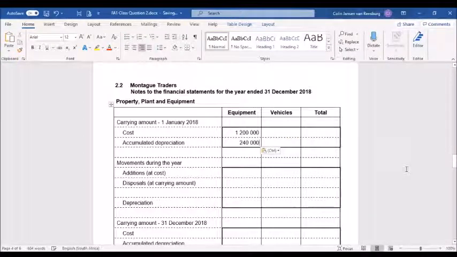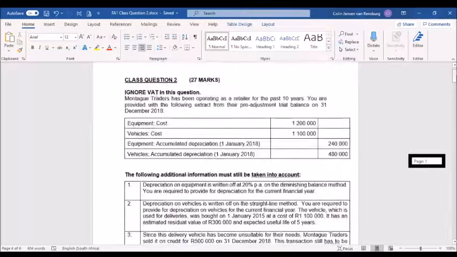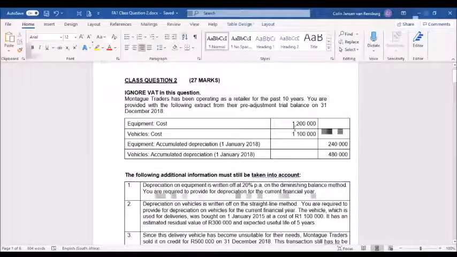Okay, but now we've got to be careful, ladies and gents. Now you've got to listen pretty carefully. When we have a journal, or any general journal, or when we have our ledger accounts, then we must know we've got a debit side and we've got a credit side, right?